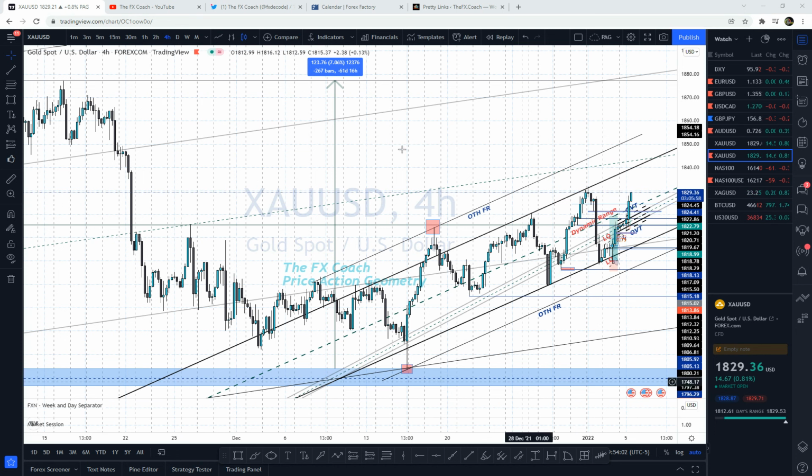So now, to trade the market every single day, you have to come to a 4 hour chart. That is your base. That is your base. In any chart, any currency pair, you have to come to the 4 hour chart. You don't need to see the daily chart, you don't need to see the weekly chart, you don't need to see the monthly chart. Your only focus will be the 4 hour chart. Why?